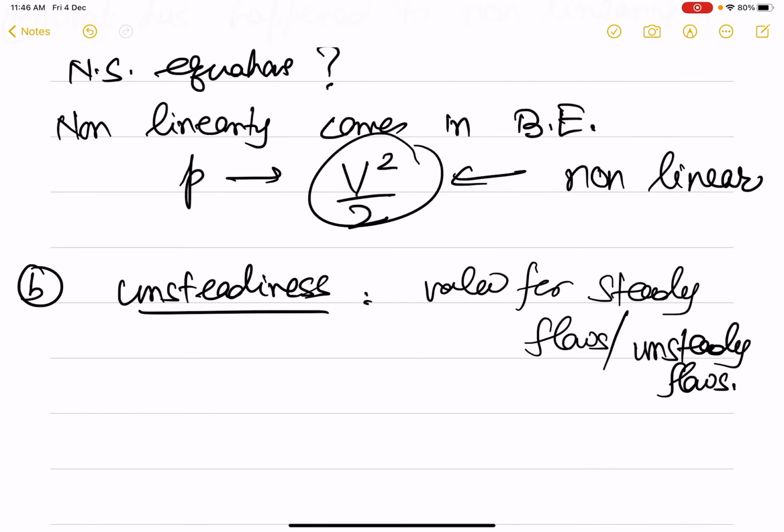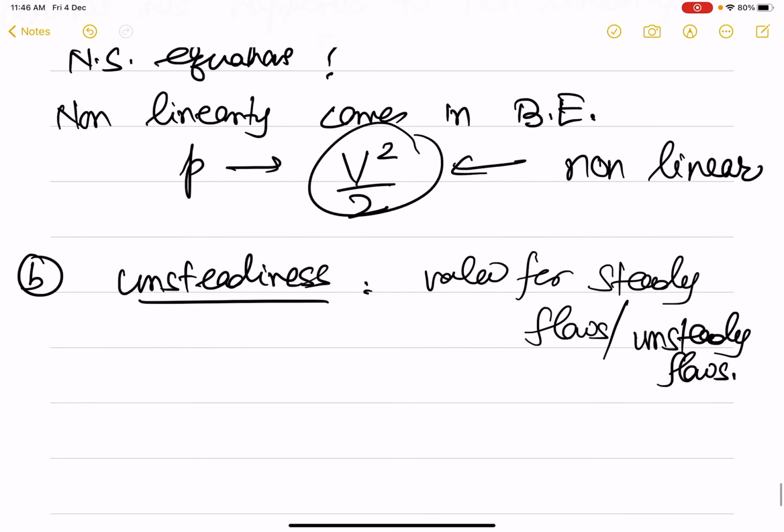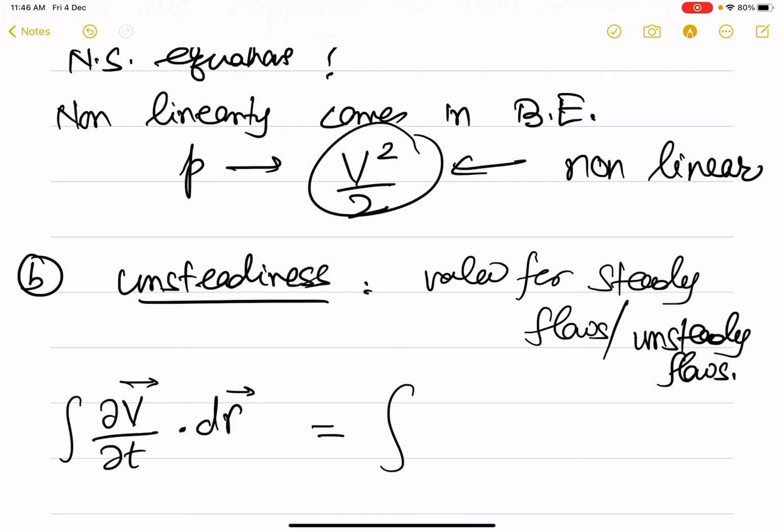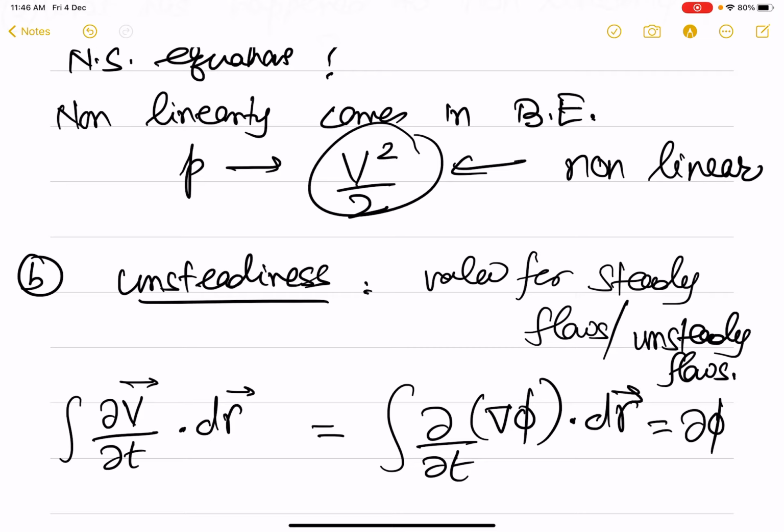And the answer to this is, let's try to first look at the unsteady term. The unsteady term is partial v by partial t dotted with dr. This we can write as partial by partial t of gradient of phi dotted with dr, and this will become partial phi by partial t.